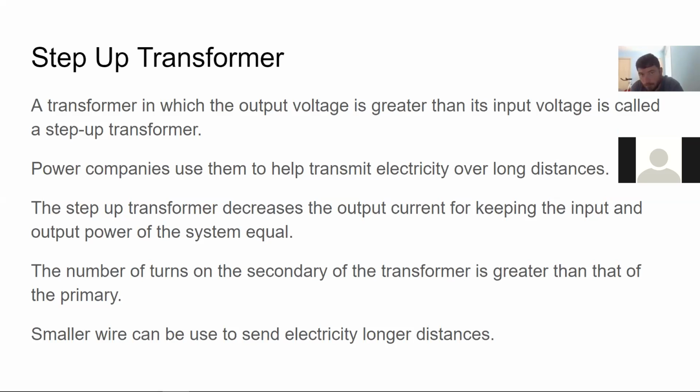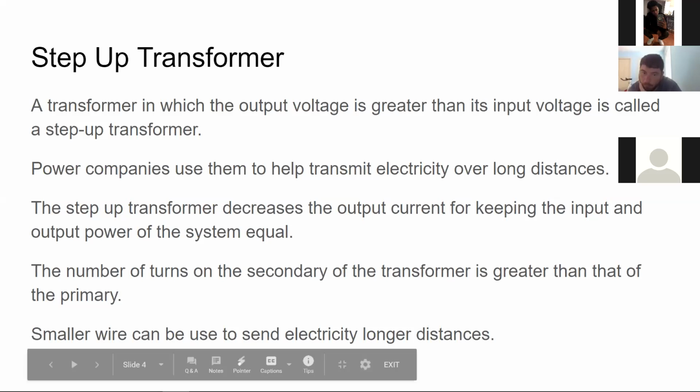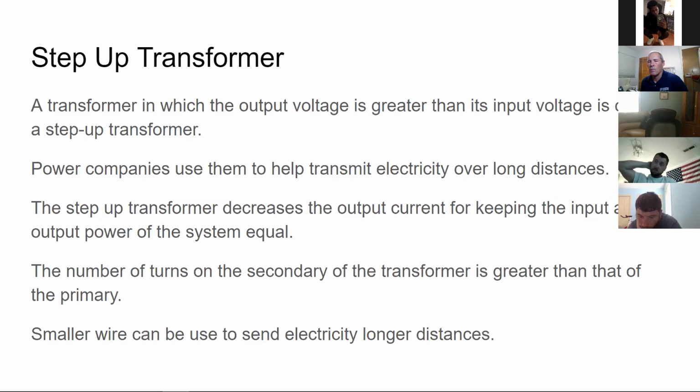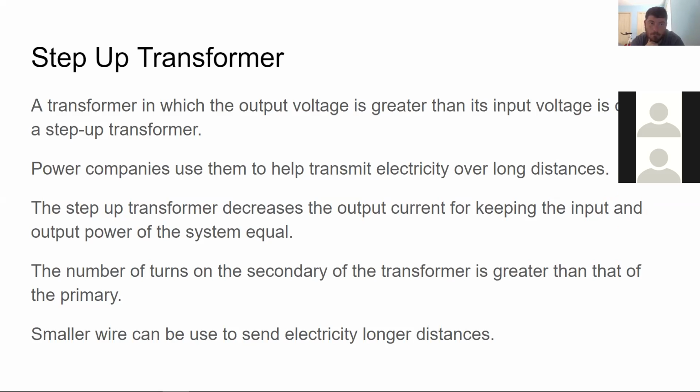The step-up transformer decreases the output current, keeping the input and output power of the system equal. The number of turns of the secondary of the transformer is greater than that of the primary. Smaller wire can be used to send electricity over long distances. Good description.